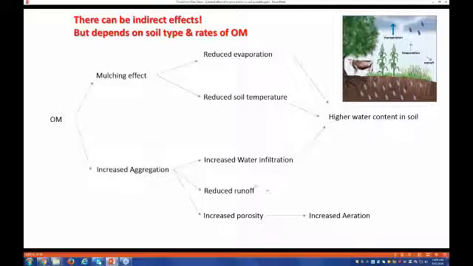It could reduce runoff and increase porosity. It could increase the aeration, the amount of air in the soil, which means there's more oxygen in the soil that the plant can explore and exploit. It could also reduce evaporation, reduce soil temperature, increase water infiltration, and give a higher water content in the soil.